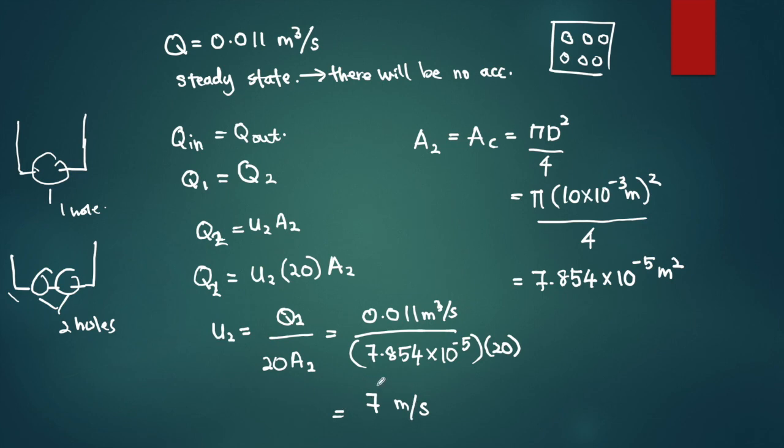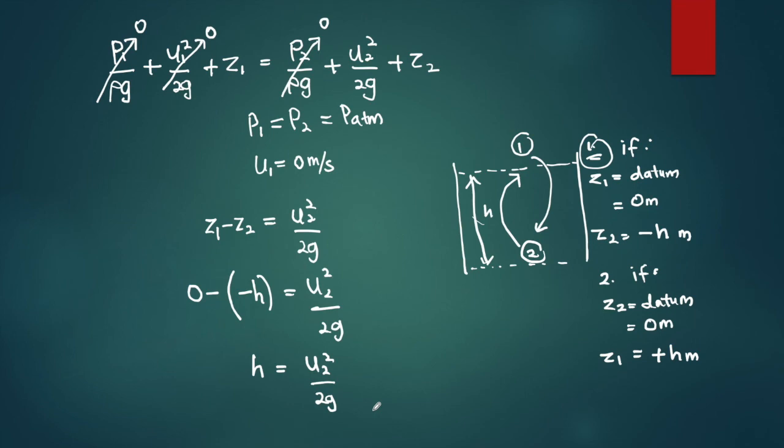Now that we already have U2, we have to substitute into this equation in order to determine the value of H. Previously we already derived the equation for H. So H is equal to U2 squared over 2g.